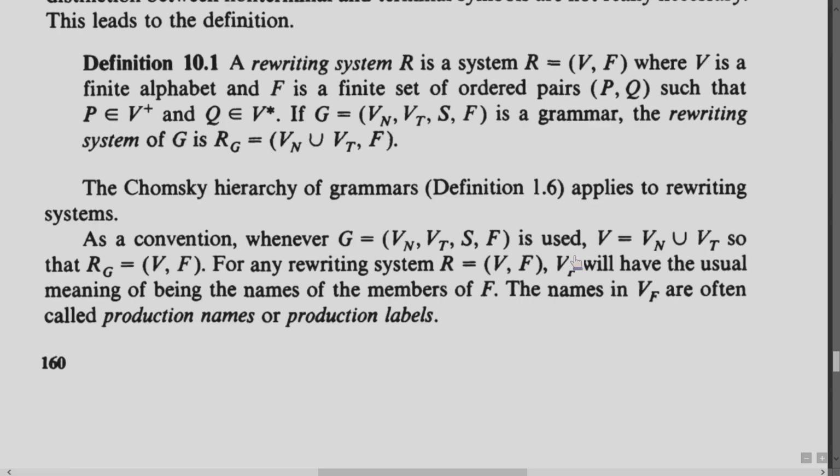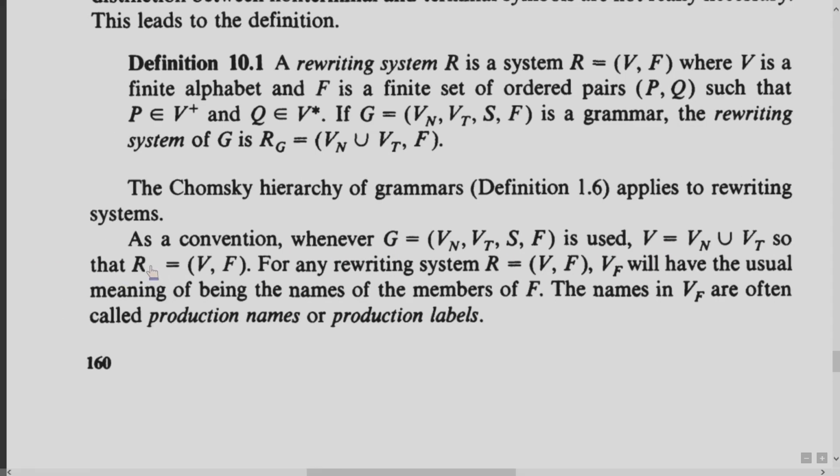You can read it as a convention where G is a grammar. V is equal to Vn union Vt, meaning the union of non-terminal and terminal symbols is denoted by V in this book, so that RG is equal to (V, F).